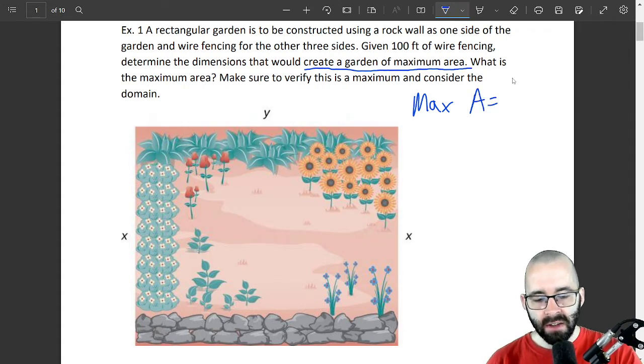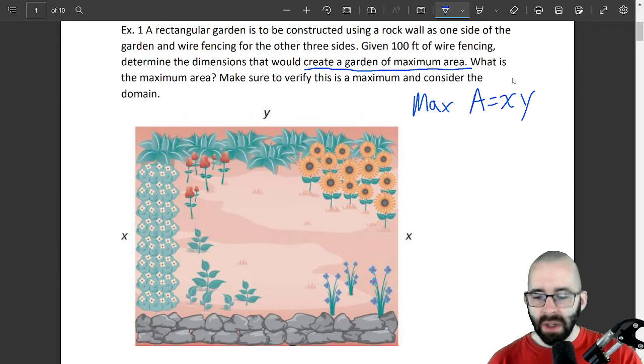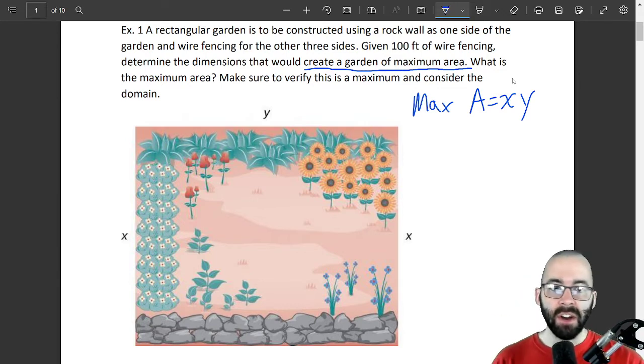And what's the area? Length times width. In this case, the length is y and the width is x. We know how to find the absolute maximum of a function on our domain. But unfortunately, we haven't talked about functions of multiple variables. We've only talked about functions of a single variable.